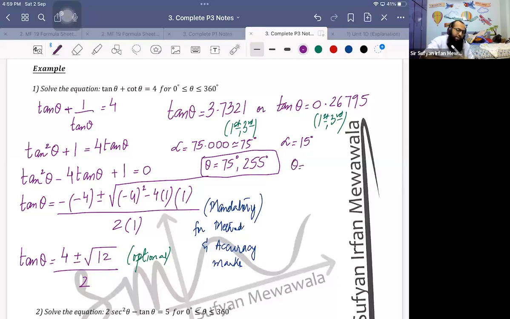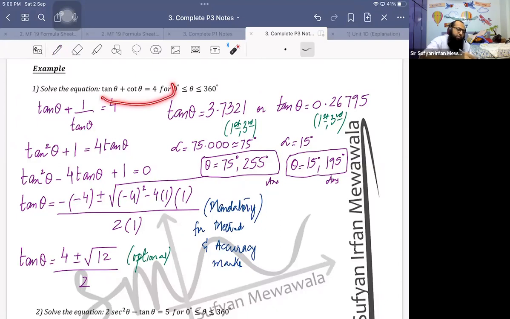But if you take the exact version, 4 minus root 12 upon 2, then we are going to get 15 only. In the first quadrant, it's 15. In the third quadrant, it's 180 plus 15, which gives you 195 degrees. We have given answers from here as well, and we have got 2 answers from here as well. So altogether, there are 4 values of theta which satisfy this equation.